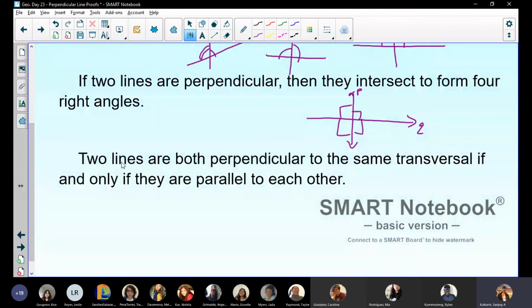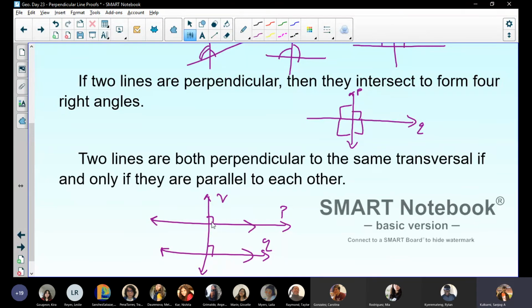That's the second theorem. Two lines are both perpendicular to the same transversal if and only if they are parallel to each other. If I have these two lines, let me call them P and Q, and let's call this one R. If R is perpendicular to P and Q, this is true only when P and Q are parallel.